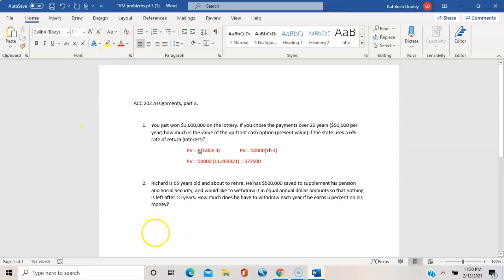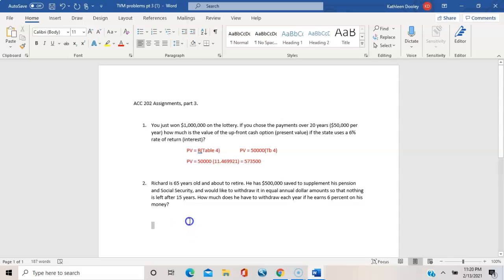Okay, second problem. Richard is 65, about to retire. Has 500,000 saved to supplement his pension and Social Security, and would like to draw it in equal annual dollar amounts so that nothing is left after 15 years. How much does he have to withdraw each year if he earns 6% on his money?